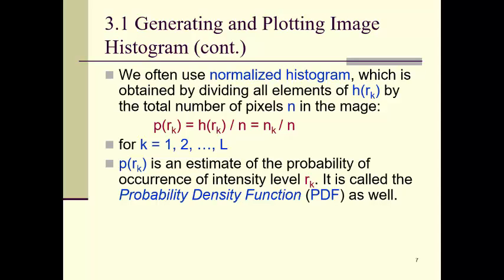If I add up all of these values together, what should be the total? It's the total number of pixels, which in this case will be equal to R multiplied by C.